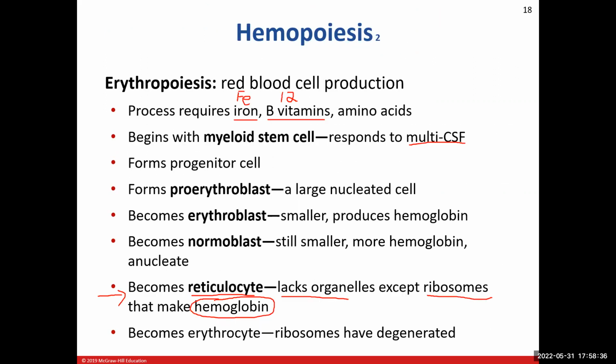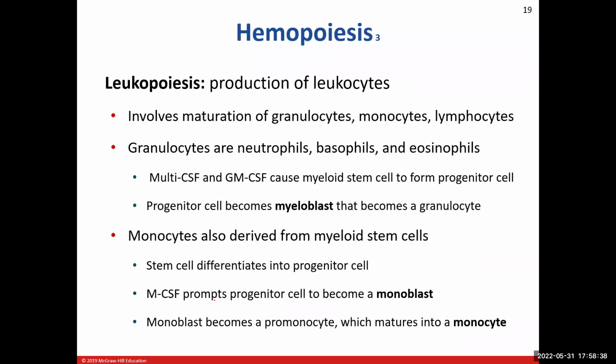Okay, so let's talk about our next type of hemopoiesis, and that's leukopoiesis, the production of leukocytes. So there's three types of leukocytes. We have granulocytes, monocytes, and our lymphocytes. Well, we already talked about the lymphocytes here. We're not going to deal with lymphocytes.